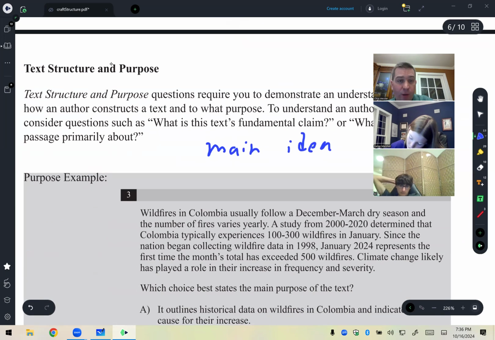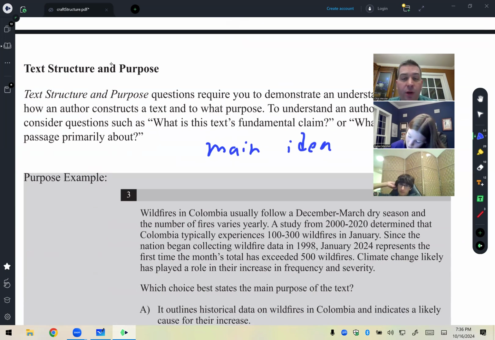All right, here's one about wildfires. Wildfires in Colombia usually follow a December to March dry season, and the number of fires varies yearly. A study from 2000 to 2020 determined that Colombia typically experiences 100 to 300 wildfires in January. Since the nation began collecting wildfire data, January 2024 represents the first time the month's total has exceeded 500 wildfires.